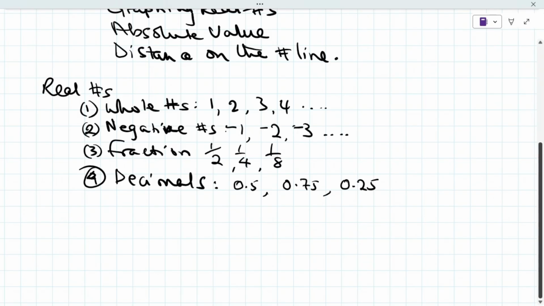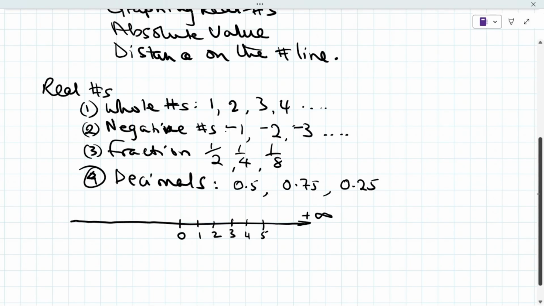So, what is a number line? A number line is just a straight line like this one, with the center being 0. And then on the right hand side, we have 1, 2, 3, 4, 5, and so on and so forth, up to positive infinity.